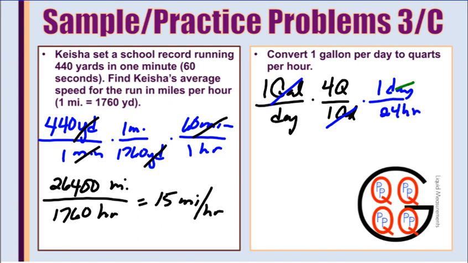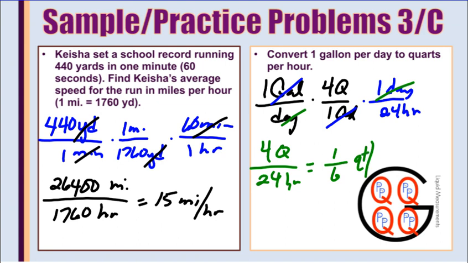So that takes care of the day label. So I have 4 quarts over 24 hours, which would give us 1/6 of a quart per hour. So that is our lesson today on multiple unit multipliers.